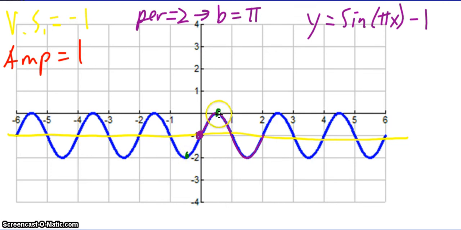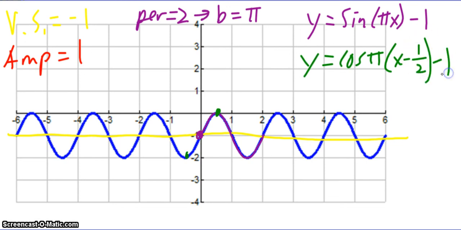So I'm going to say that there's a shift positive 1/2 to the right. I could do 1/2 to the left. It doesn't matter. So I'm going to say y equals cosine of pi times the quantity x minus 1/2 and then minus 1. So that's my cosine equation.